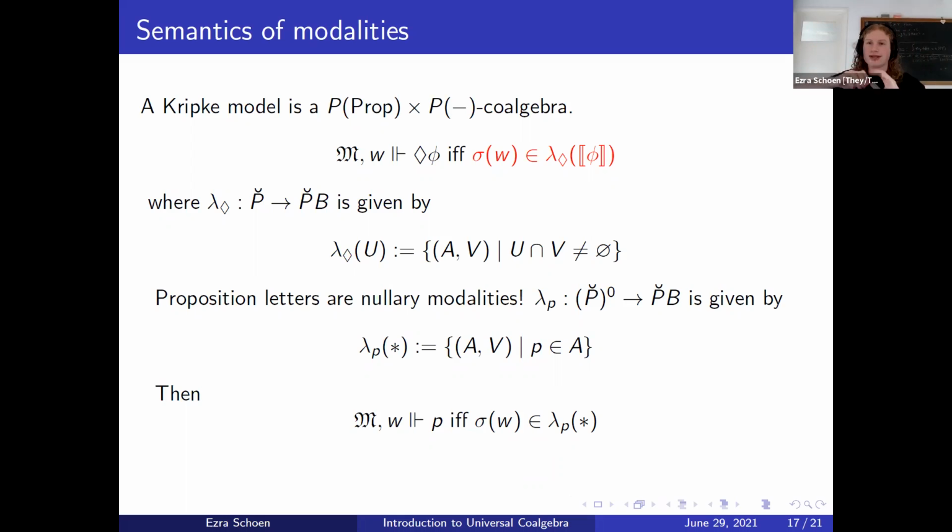It's the unfolding function for your coalgebra. So W is a world. Oh, I see. And sigma of W is then a pair of proposition letters and successor states. I misunderstood the notation. I apologize. Yeah, sorry. On this slide, there's a lot of implicit notation. I should have been more explicit about what I meant.